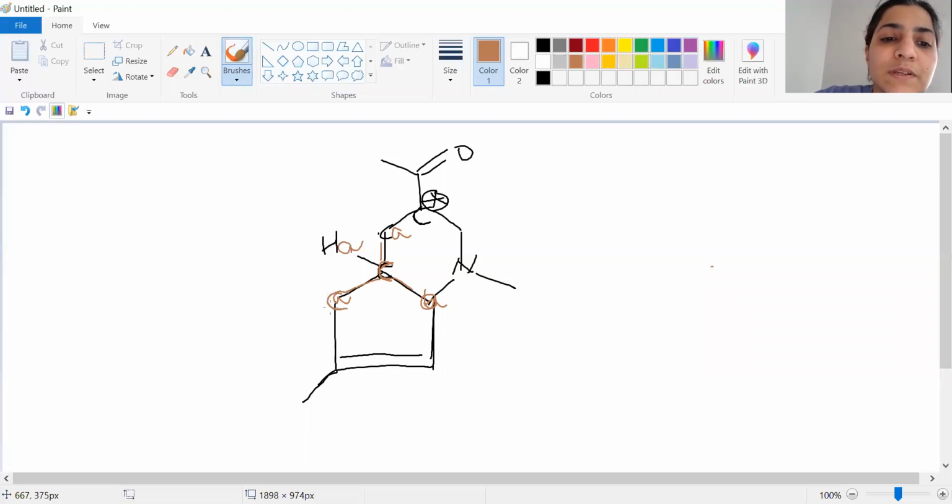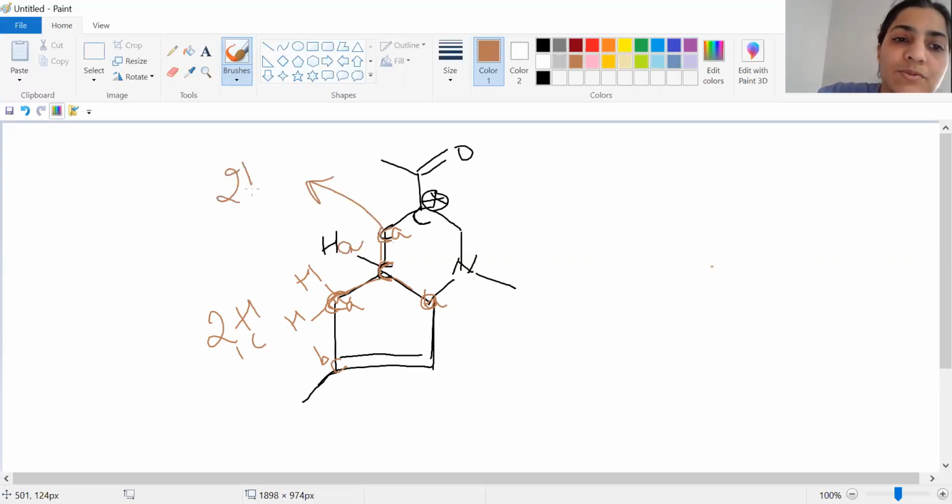So if you look at this particular carbon A, what does it have? It has 2 hydrogens and then 1 carbon atom. 2 hydrogens, 1 carbon. What about this? This carbon also has 2 hydrogens and 1 carbon. What about this carbon?